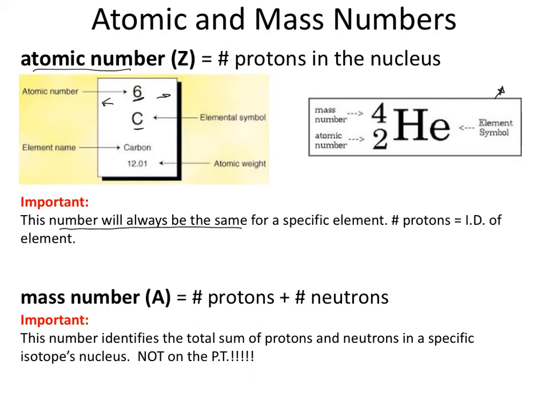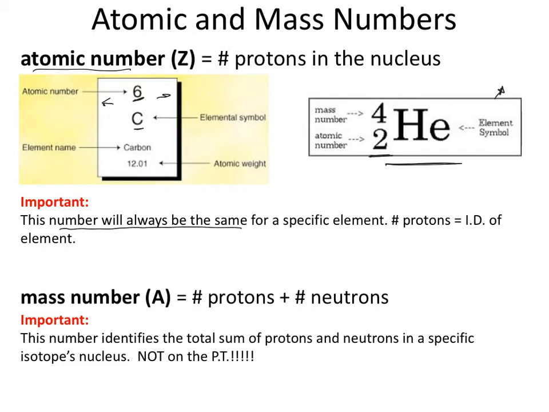Okay, now also there's another notation that we'll sometimes see, especially when we're doing different types of balancing for elements, but basically the atomic number in this format is written as the lower subscript on the left hand side of the element symbol. Okay, so make sure you know that. You'll be applying that later on in your homework.